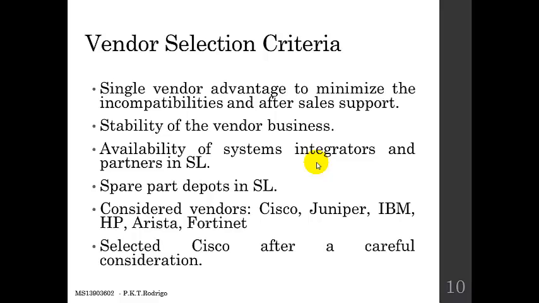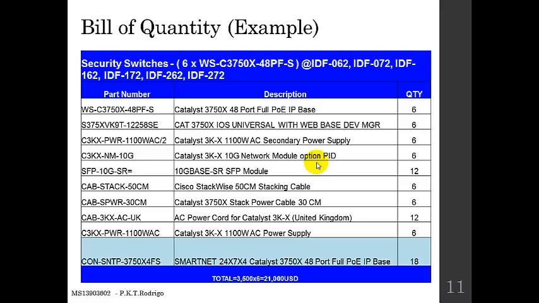And now we have selected Cisco after careful consideration of each point we mentioned. Now we are moving to the BOQ. In this BOQ, bill of quantity, we are descriptively quantifying what we are going to use in the network architecture.